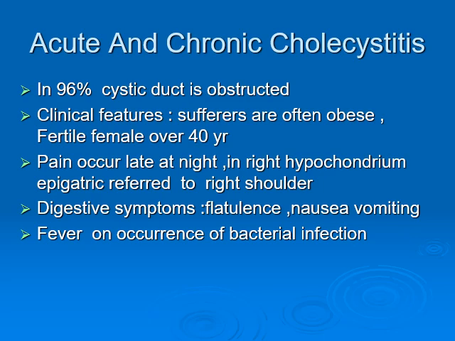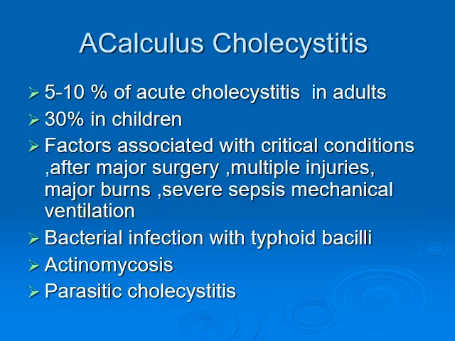And we'll know that obstruction of the cystic duct may be associated with mucocele of the gallbladder. If it gets infected, it will be empyema of the gallbladder. Acalculous cholecystitis is 5 to 10% of acute cholecystitis in adults, usually 30% in children.